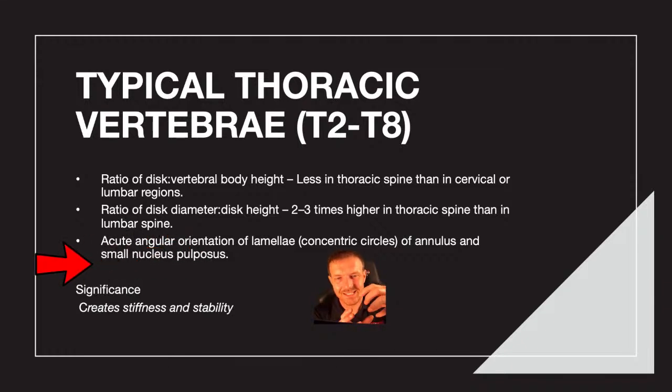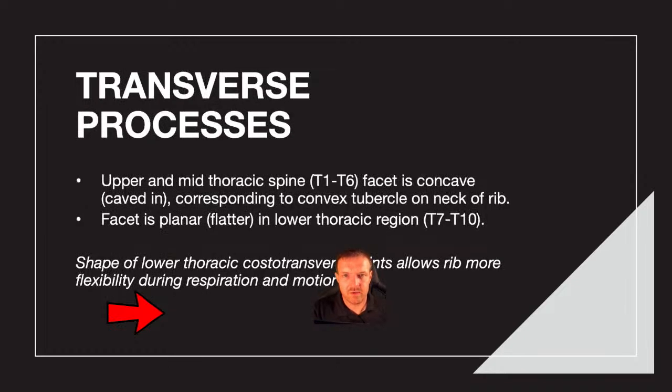Yeah, so the disc is different in the thoracics compared to the lumbars. Yeah, it's taking different forces, so it's a lot more different. So the clinical significance and the movement significance of that is that we've got a lot more stiffness and stability through that region. Okay, hopefully that makes sense.